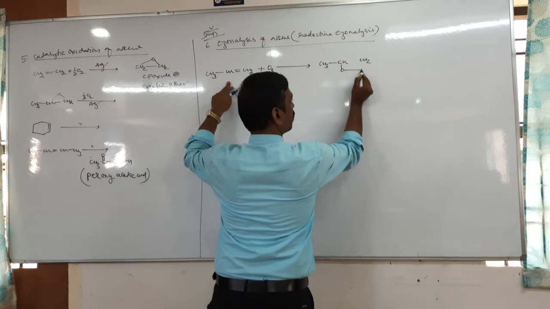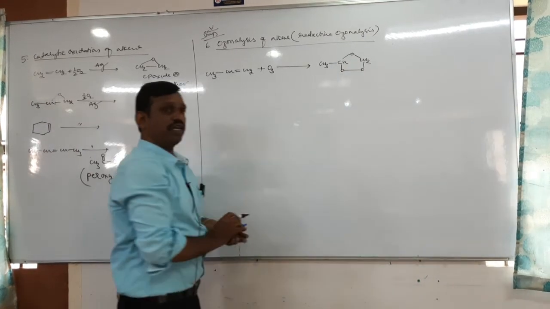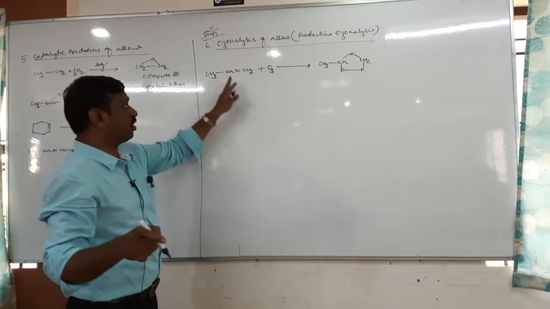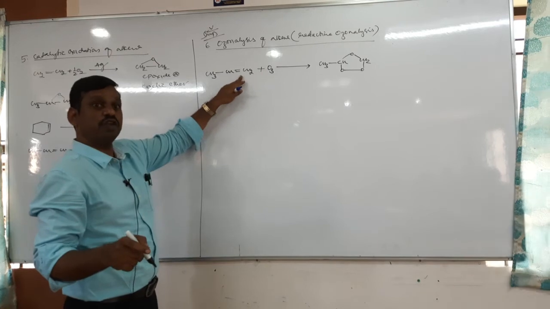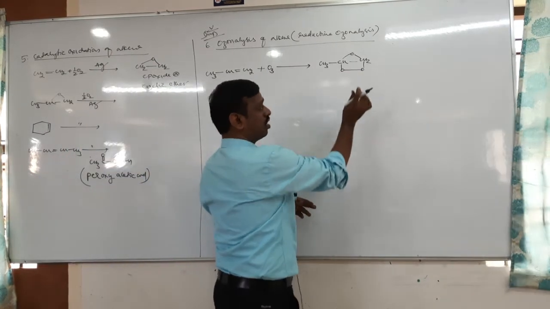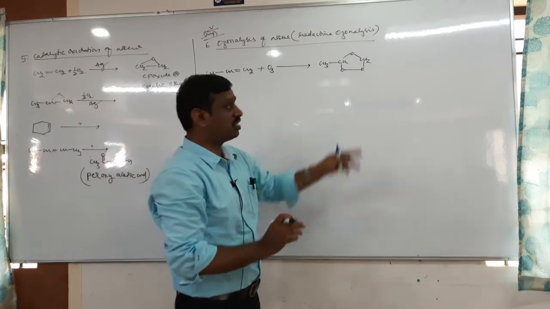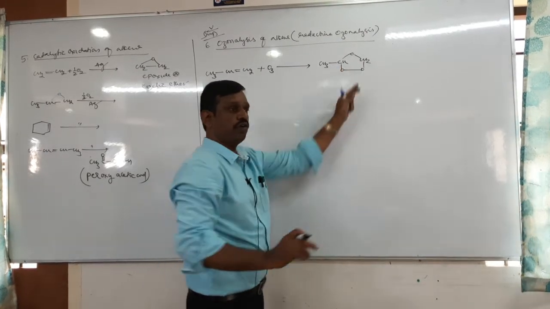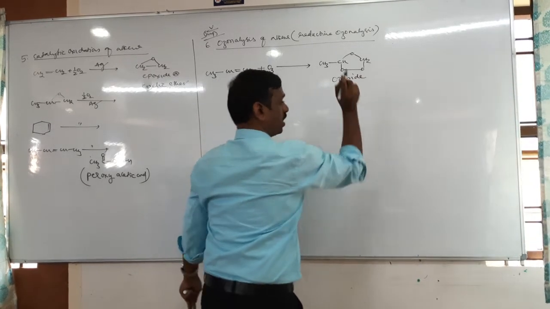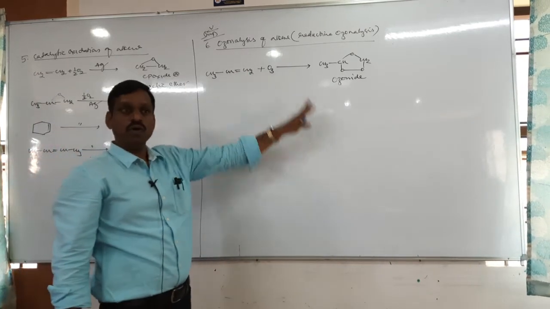By breaking the double bond, it forms an intermediate where 3 oxygens are inserted between the 2 carbons, in place of the double bond, like this. You should not write the double bond again here. You see the valency. Valency of carbon is 4. Here also 4, which is called ozonide, which is an intermediate. Therefore, alkenes react with ozone to form ozonide.